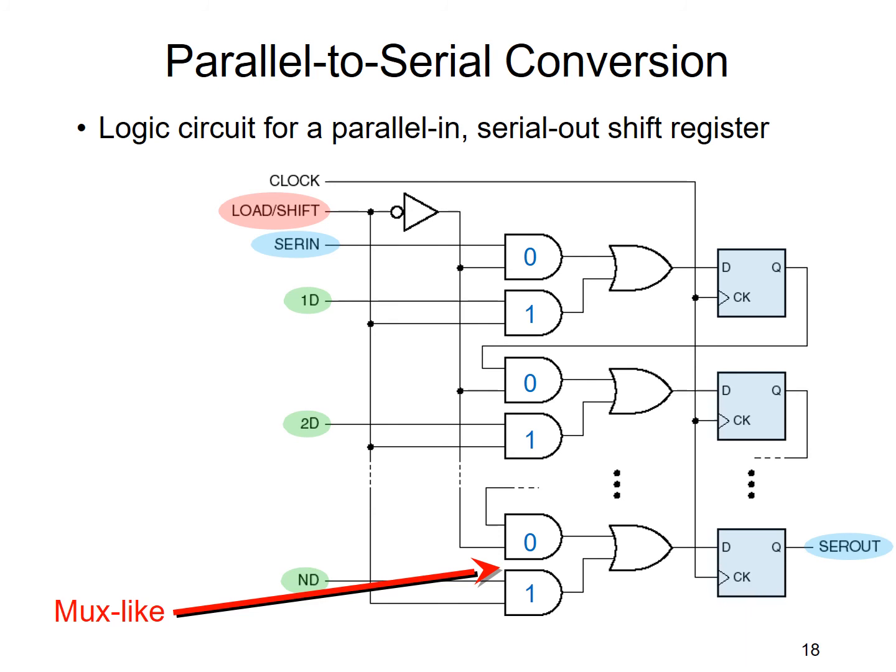Whereas when the load and shift control is 0, the output of this buffer is 1, so the upper AND gates are enabled and the data can be entered serially. So this is a universal shift register which can perform almost all the operations, that is parallel in, parallel out, parallel in, serial out, etc.